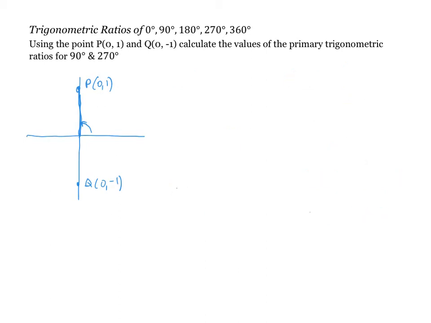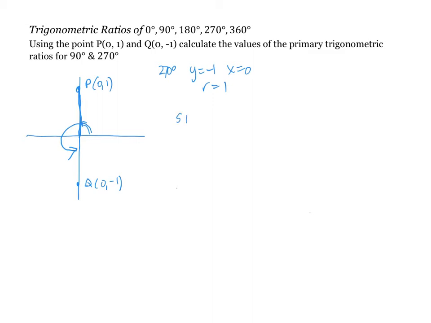Let's repeat this process for 270 degrees, which is all the way down here. At 270 degrees, y equals -1, x equals 0, therefore r still equals 1, because x squared plus y squared equals r squared.